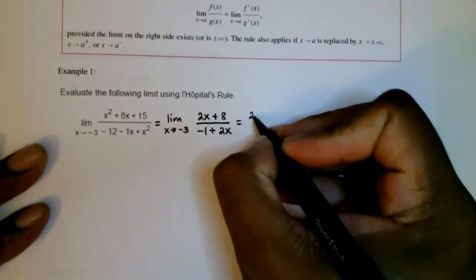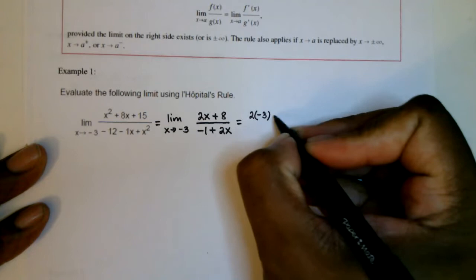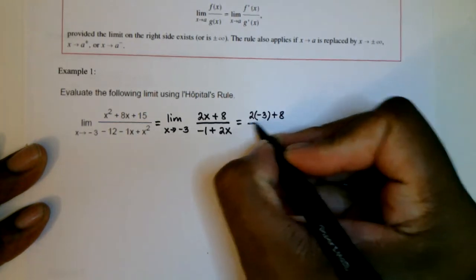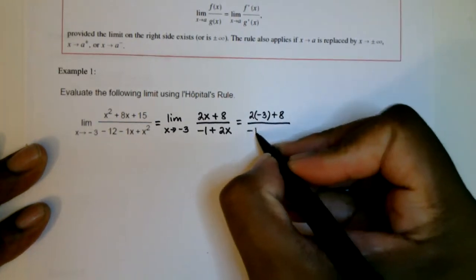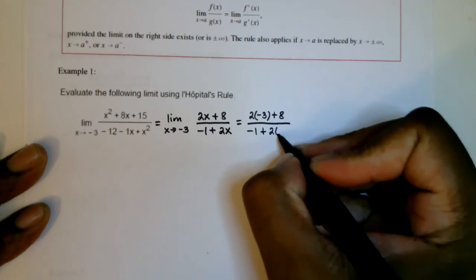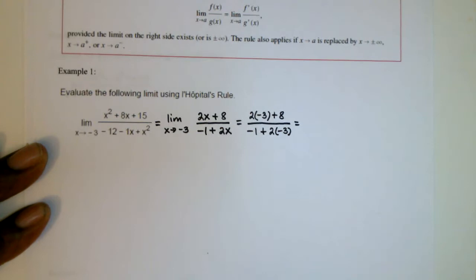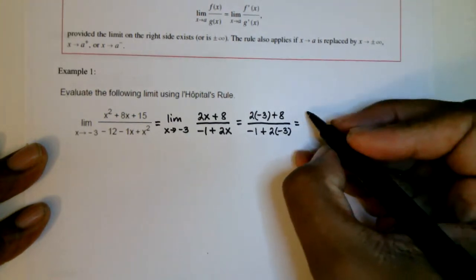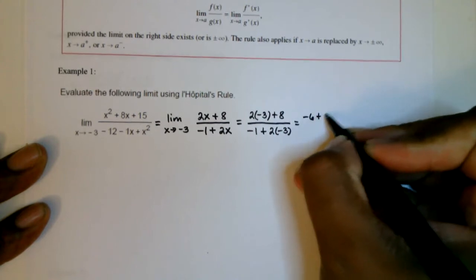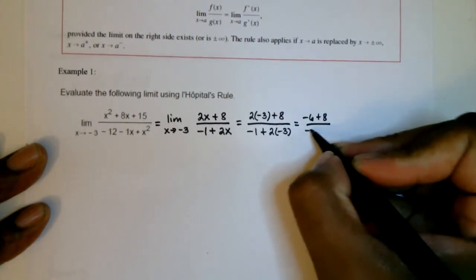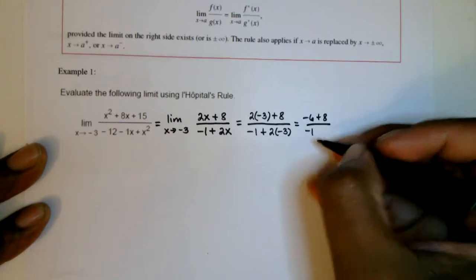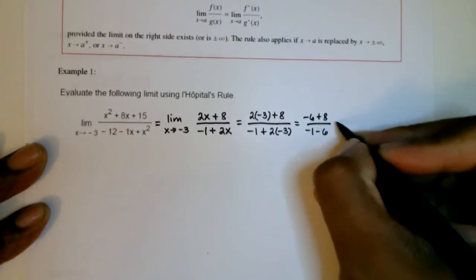So this will be 2 times negative 3, and then plus 8, all divided by negative 1 plus 2 times negative 3. Now, if I simplify this, 2 times negative 3 will be negative 6 plus 8 over negative 1, and then 2 times negative 3 will be minus 6.